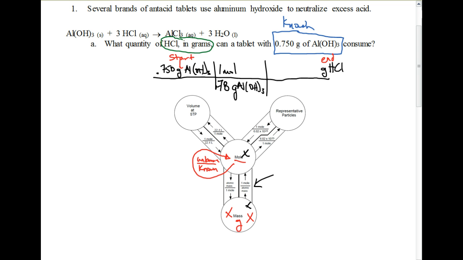I go over here to HCl, which is my unknown, and I'm going to just rewrite HCl right here. And then I'm going to take my known, which remember my known was aluminum hydroxide, which is right here, and I'm going to write aluminum hydroxide on the bottom.